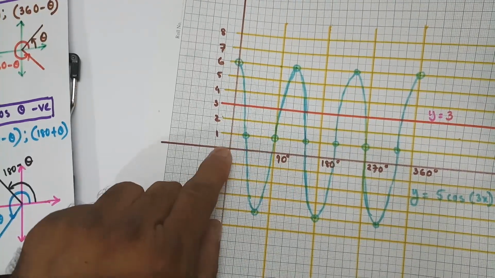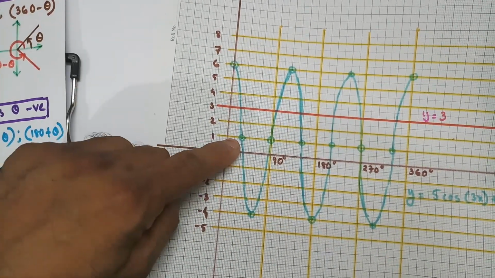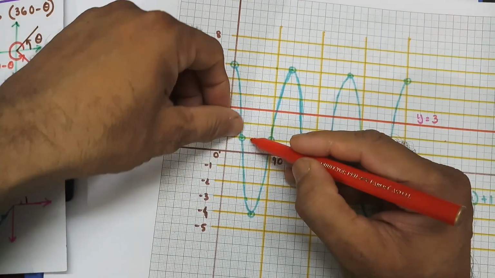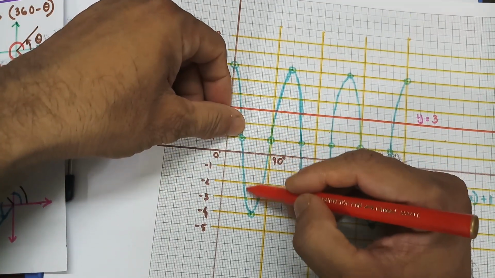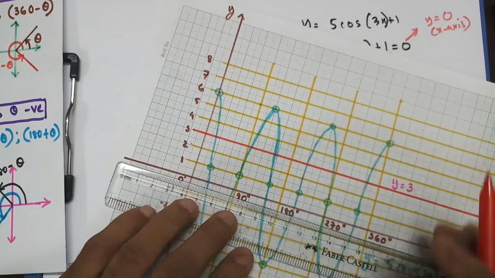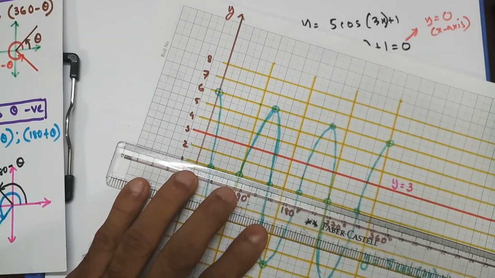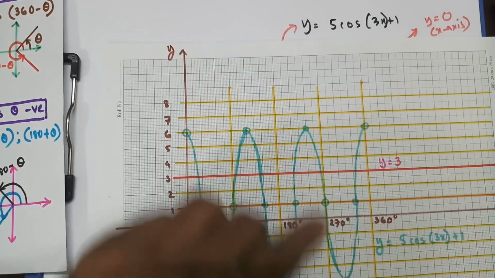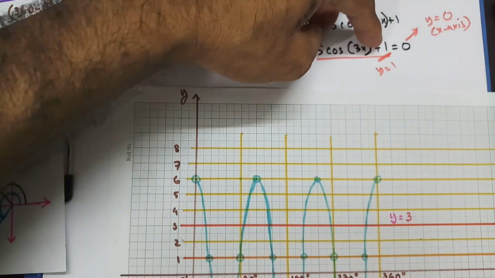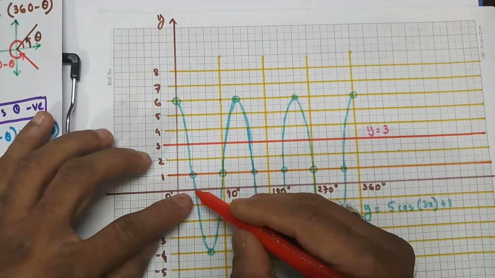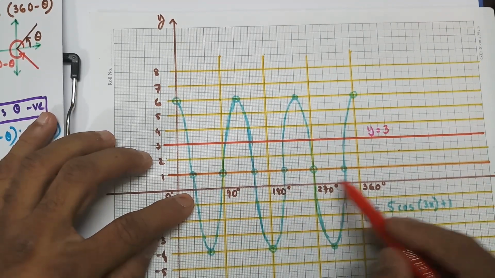From y equals 1 you go up 5 units, 1 2 3 4 5, and down 5 units, 1 2 3 4 5. Let me draw the axis of the curve with red ink. That's my line of axis of the curve. Now over here it intersects 1 2 3 4 5 6 times.